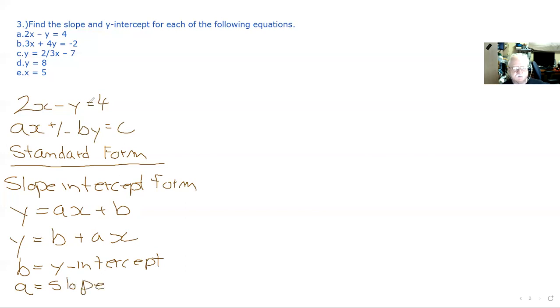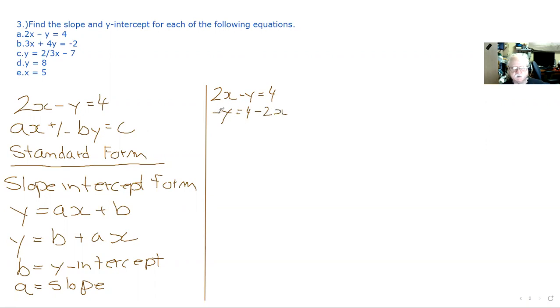So what we have to do is algebraically manipulate this to get it into this form. So let's do that. We've got 2x minus y equals 4. This x term has to leap over. So we've got negative y equals 4 minus 2x.